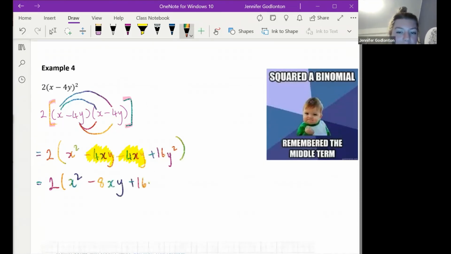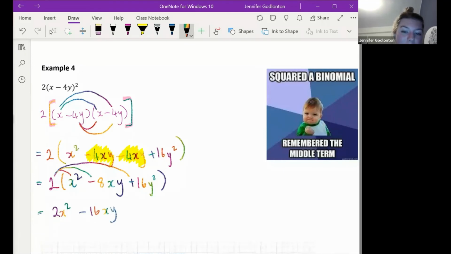And I've got my 16y squared. And now my last step is I'm going to take this 2 into everything. So I'm going to get 2x squared minus 16xy plus 32y squared. And that is my final answer.